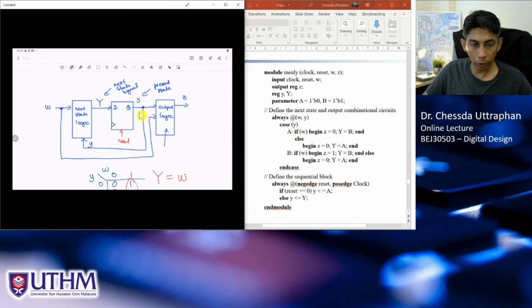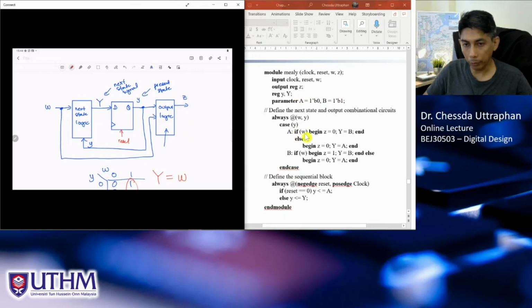If Y equal to A, means that if the state is equal to 0, state A, because A is equal to 0, so we can use A here because we represent A with 0 in parameter.